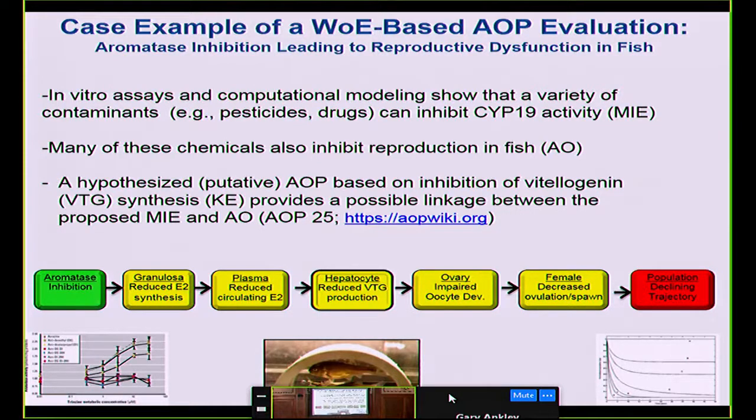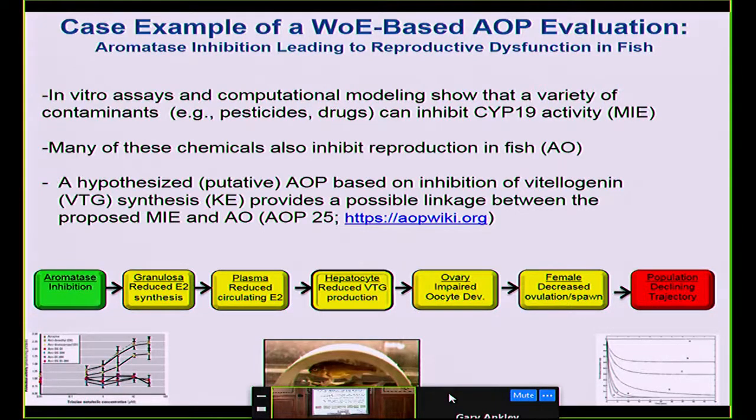Aromatase is critical to the production of steroid hormones, and in females in particular, the production of estradiol by the ovary. Decreased estradiol signaling can reduce the production of this key protein, vitellogenin. This is called egg yolk protein, thereby potentially inhibiting development of eggs and decreasing spawning.